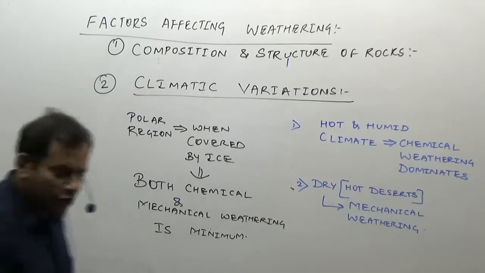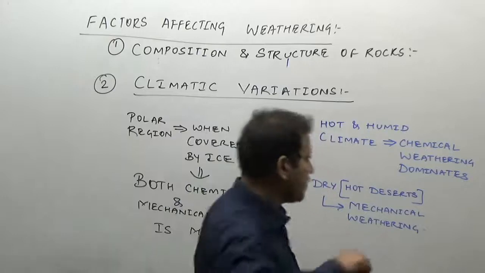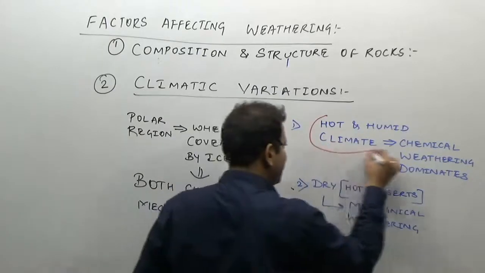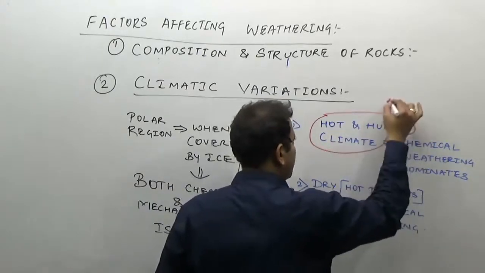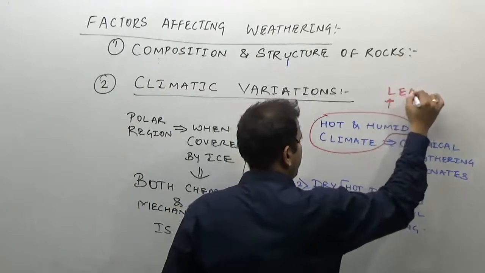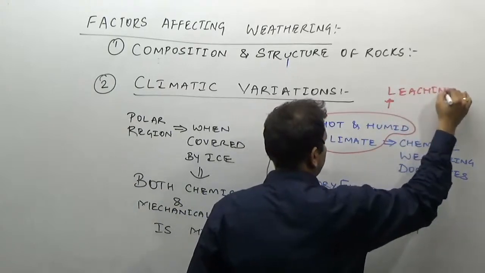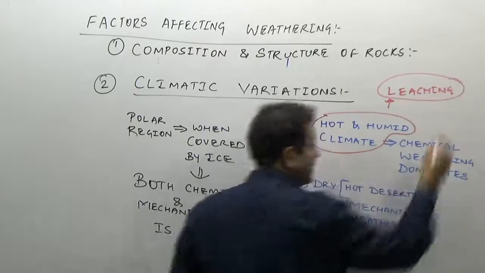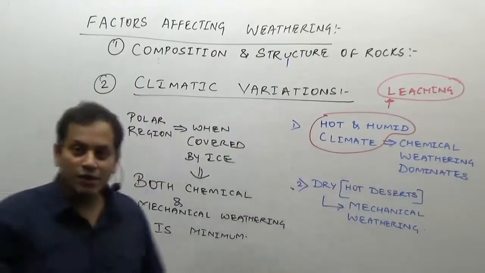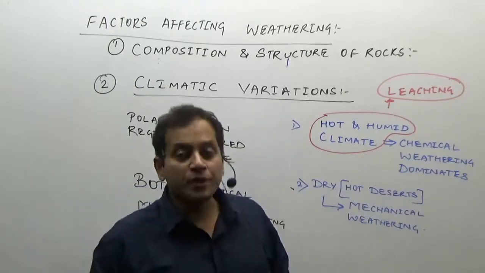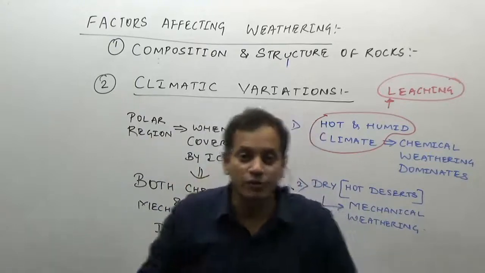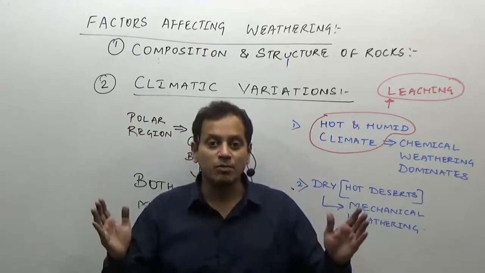In the hot and humid region, one of the most important processes of weathering is the process of leaching. Now what is this process? Due to very sudden rainfall, all major nutrients from the soil which can be dissolved in water are washed away from the top layer of the soil.